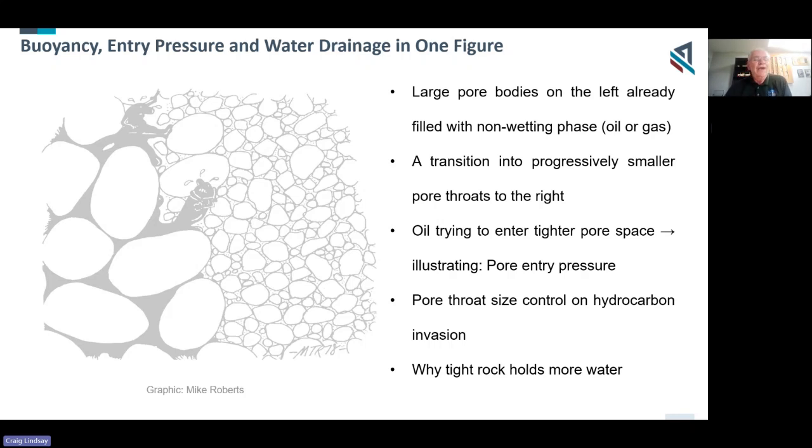It shows a figure of these hydrocarbons trying to force their way out of the large pores into the small pores, and they're having to use a lot of force, but they can't get in there because they haven't exceeded the pore entry pressure. So it shows that these large pores have already filled with hydrocarbon, and then there's a transition into smaller pore throats, and the oil is trying to enter those smaller pore throats.